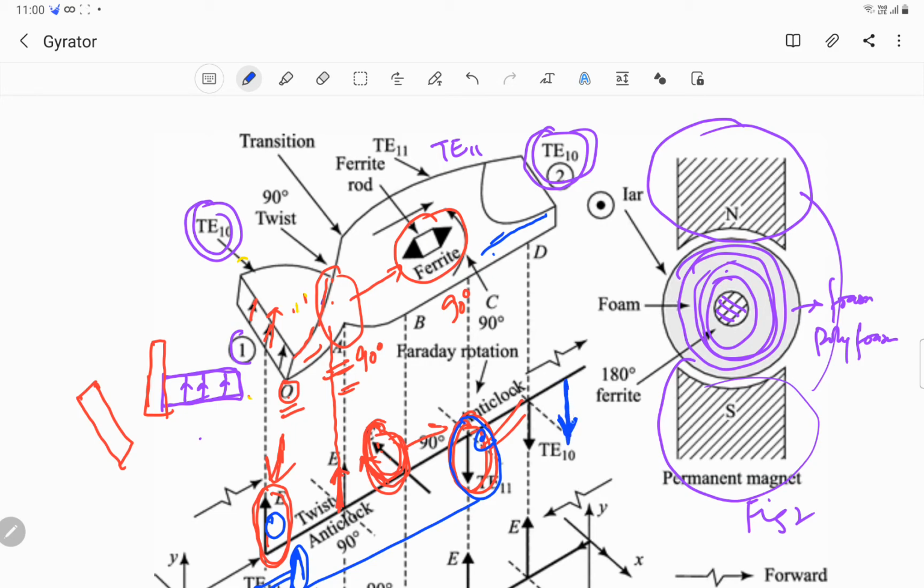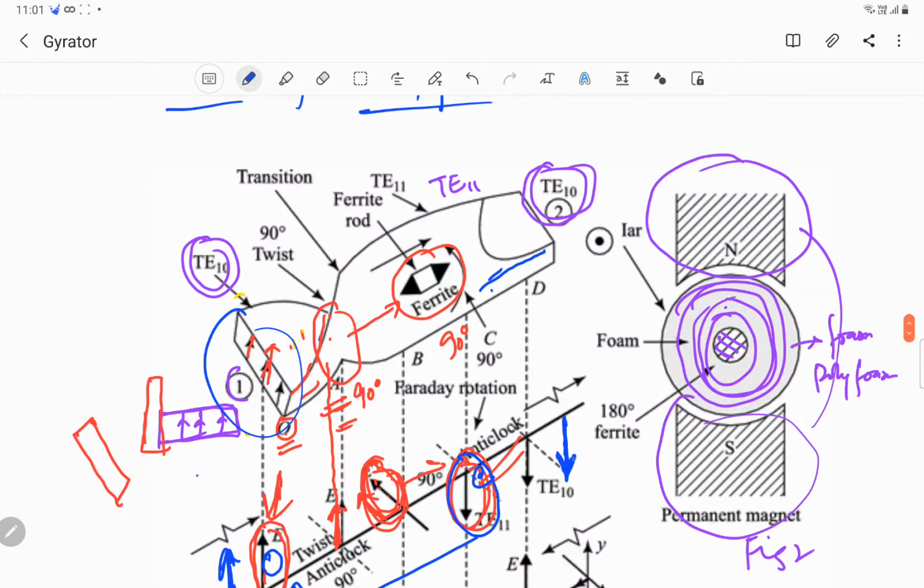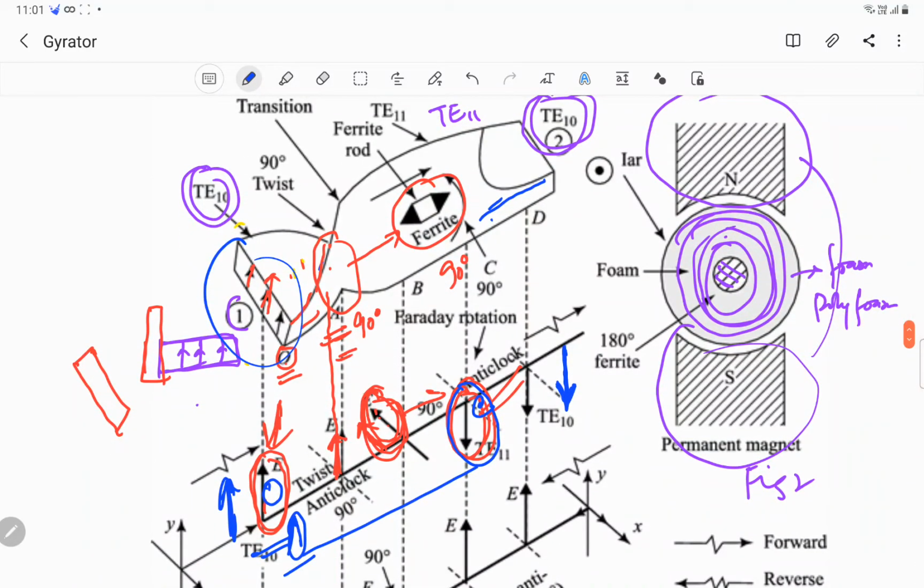This green arrow shows the electric field that comes out from port 1. So at port 1 we have an electric field which points vertically upwards, and at port 2 we have an electric field which points vertically downwards. So there is a phase shift. This indicates that there is a phase shift of 180 degrees from port 1 to port 2.